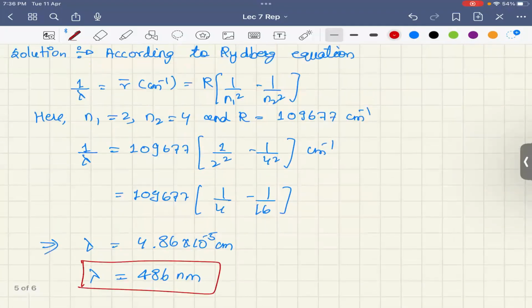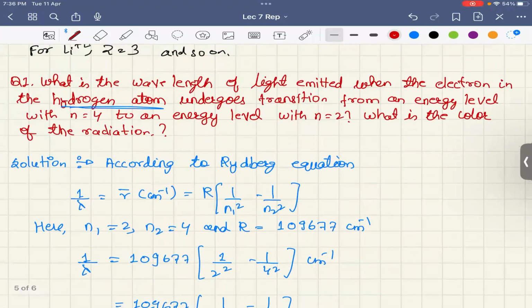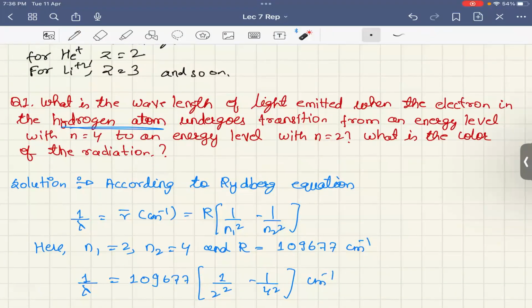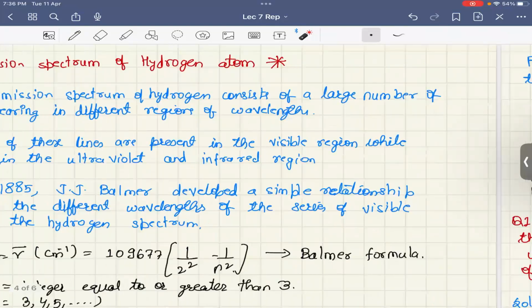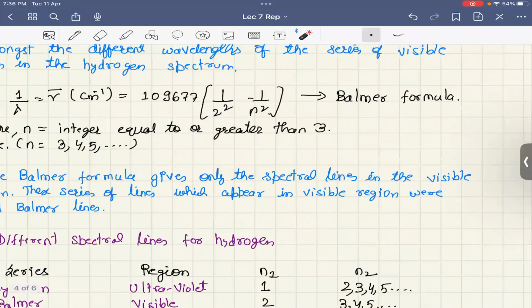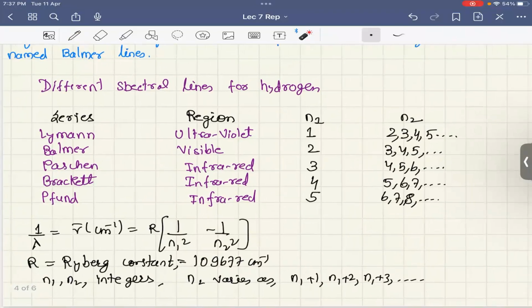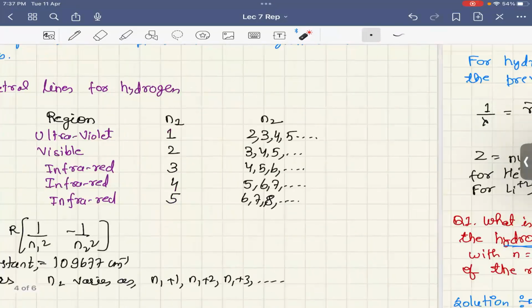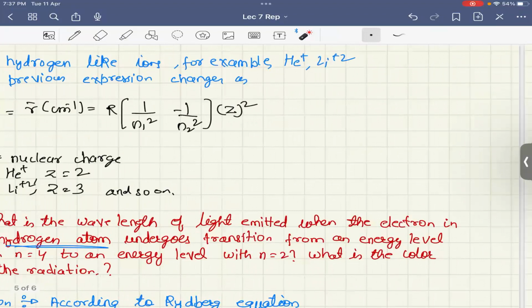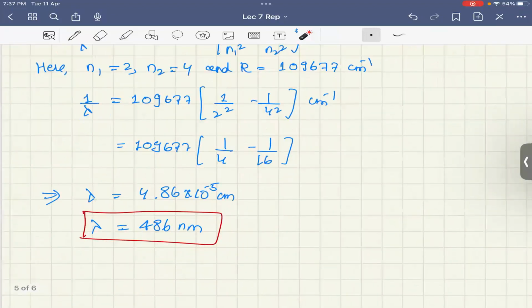And since we are dealing with the hydrogen atom, and we know n1 is nothing but 2, from this table what we see is when n1 is equal to 2, we are in the Balmer series and the region is visible, right? So we are in the visible region.